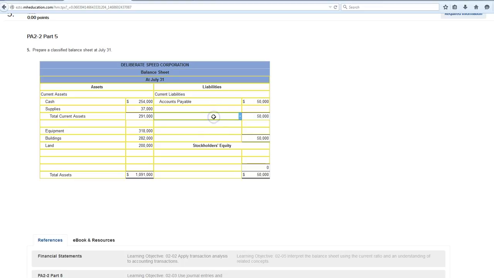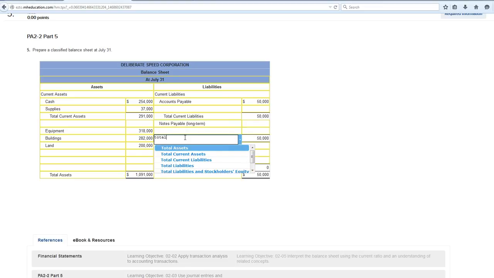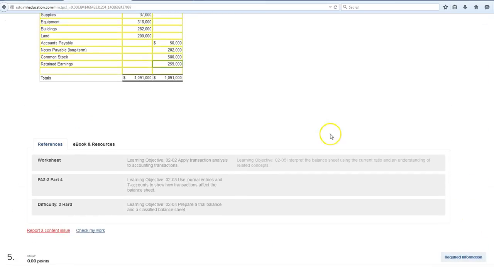And we don't have another one, so we'll just put total current liabilities here. And then our one long-term liability, notes payable, long-term, and total liabilities. Let's see, put the amount in there. Would be $252. And again, we got the amounts from our notes payable and accounts payable from above.